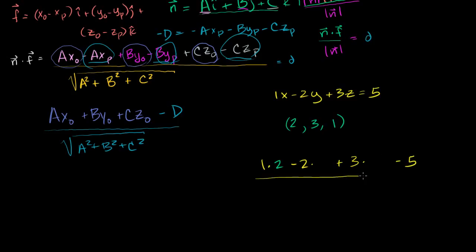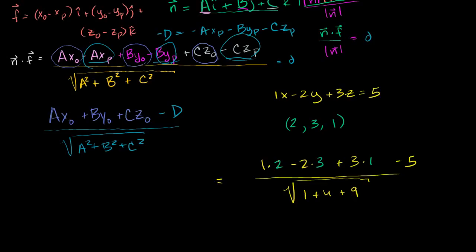All of that over, and I haven't put these guys in. Let me do that right now. So 1 times 2 minus 2 times 3 plus 3 times 1, minus 5. You're kind of bringing it over to the left-hand side. All of that over the square root of 1 squared, which is 1, plus -2 squared, which is 4, plus 3 squared, which is 9.